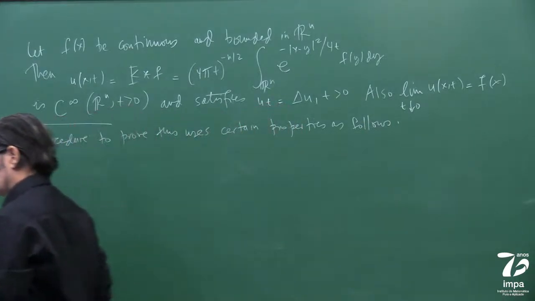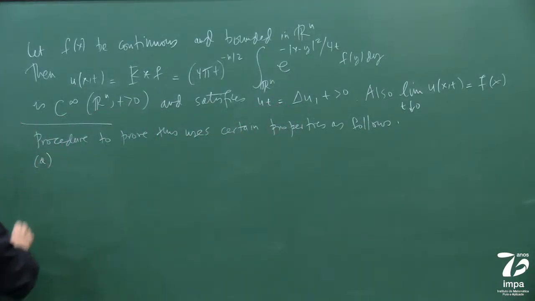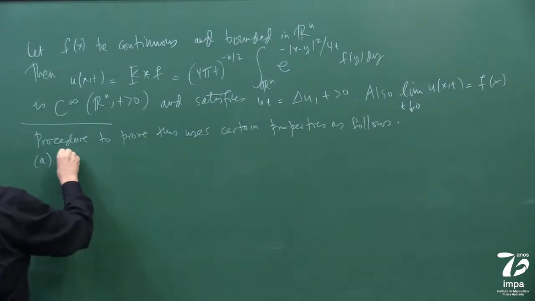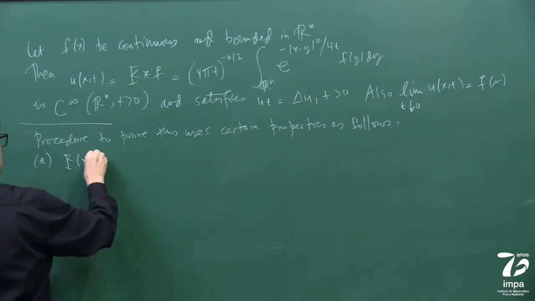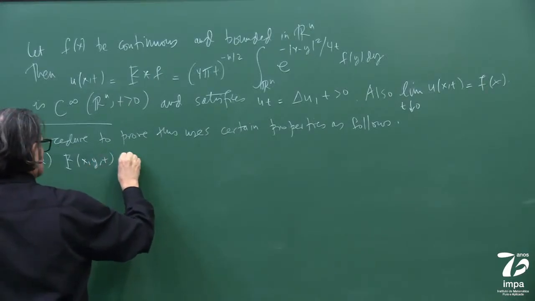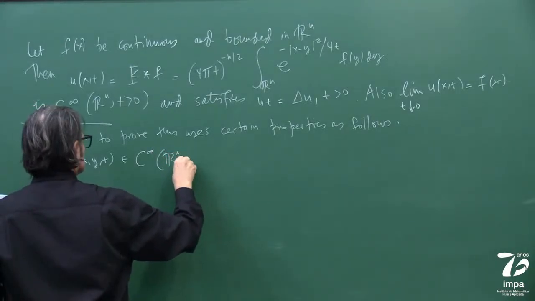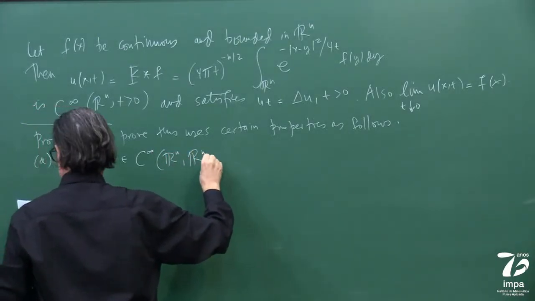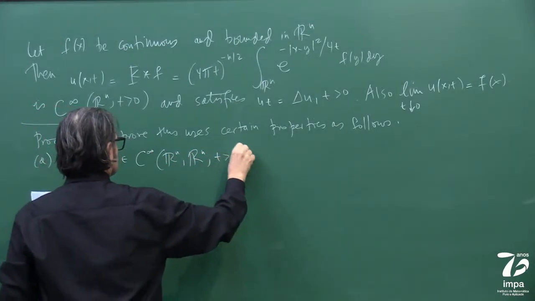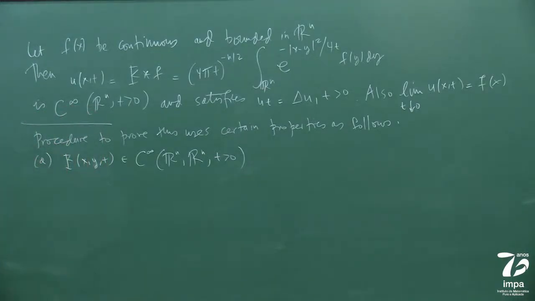So similar to dividing it into steps, some steps very simple, some other not so difficult, but anyway. First one, the kernel is smooth. For positive time. So this is something already that's very nice.